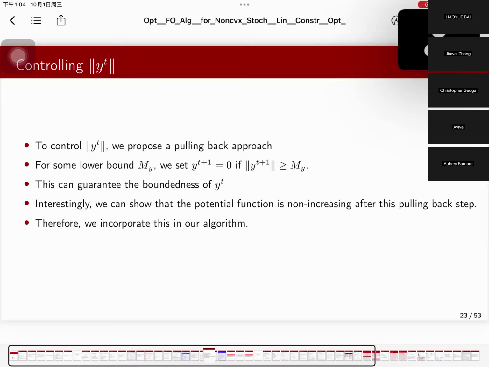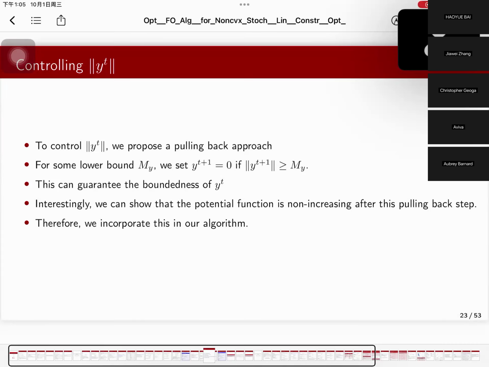This approach guarantees the norm is upper bounded. Fortunately, this restarting scheme will not affect the decrease of our potential function. So we can use this approach to guarantee the dual variable is bounded and still guarantee our potential function is decreasing. This is the key idea of controlling the variance.